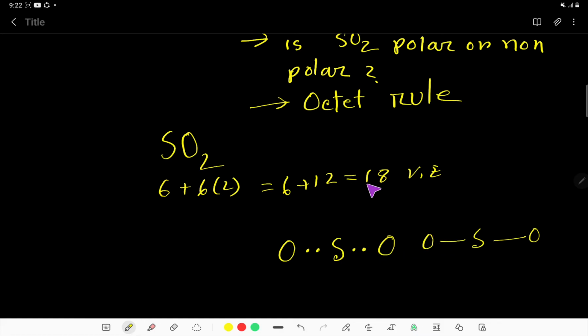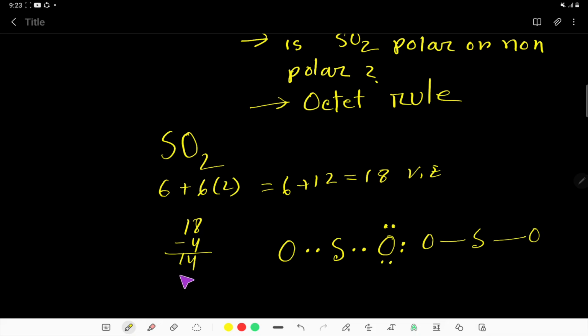So out of 18, here we have used 4. So how many electrons are left? 14, right? 14 valence electrons left. These 14 valence electrons will be used to satisfy the octet of the outer atoms first. The oxygen has 2, so it will take a maximum of 6 more to satisfy its octet.